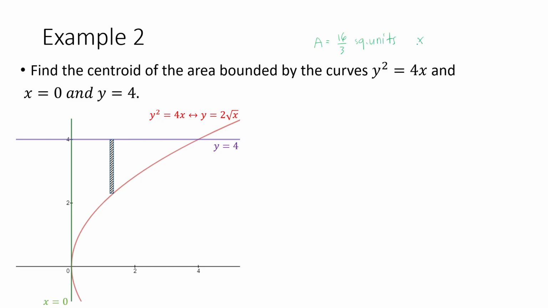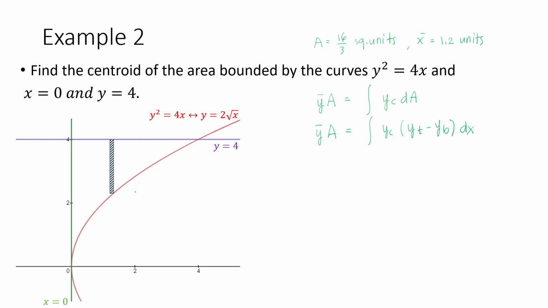And our bar x is now 1.2 units. Okay, so bar y times the area is equal to y sub c times the differential area. And this defines further into y sub c times y top minus y bottom dx.